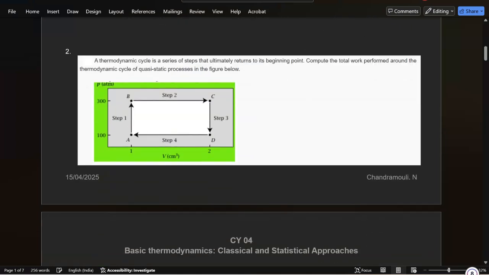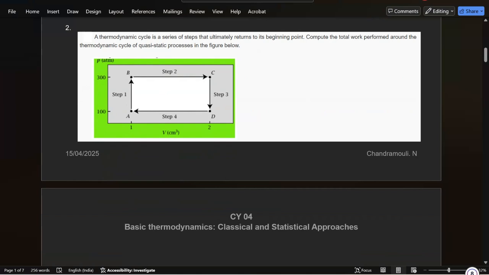Yes, sir. Okay. So the next question is, we have a thermodynamic cycle, and then we have a PV graph of the thermodynamic cycle. They're asking us to find the total work performed during this thermodynamic cycle. So how do we do that? There are two ways.